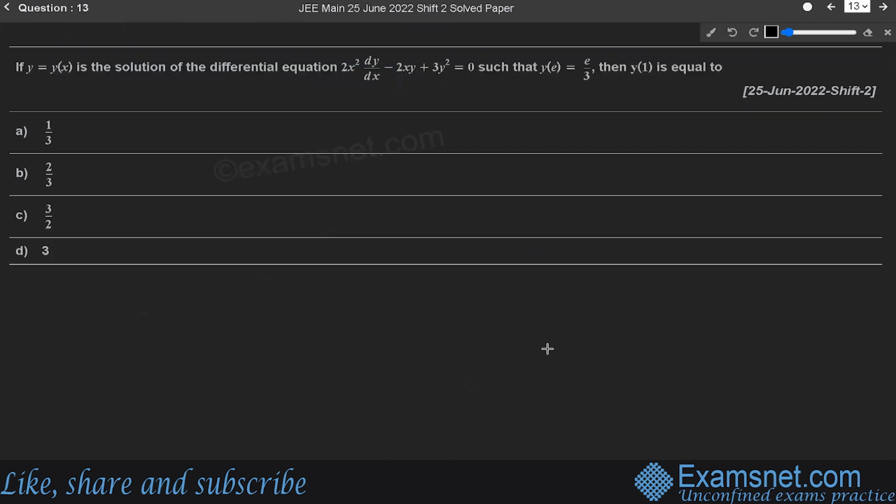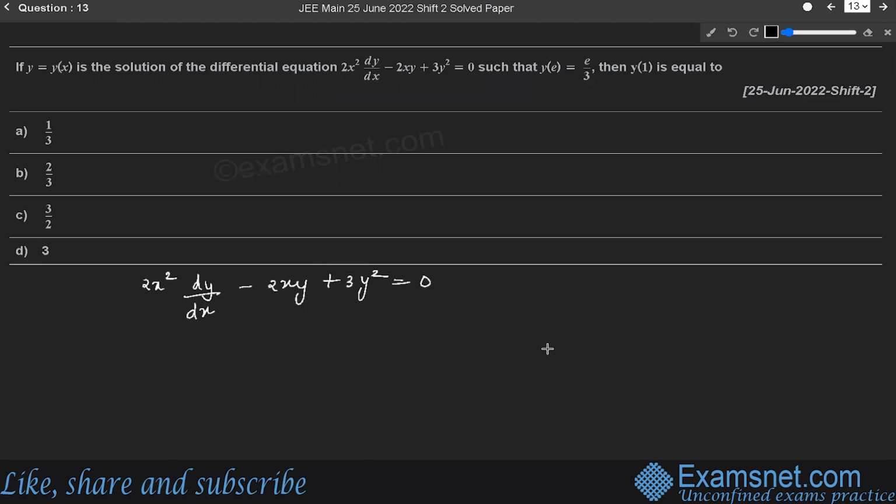Moving on to next question. If y is equal to y of x is the solution of the differential equation 2x square into dy by dx minus 2xy plus 3y square is equal to 0 such that y of e is equal to e upon 3, then y of 1 is equal to.